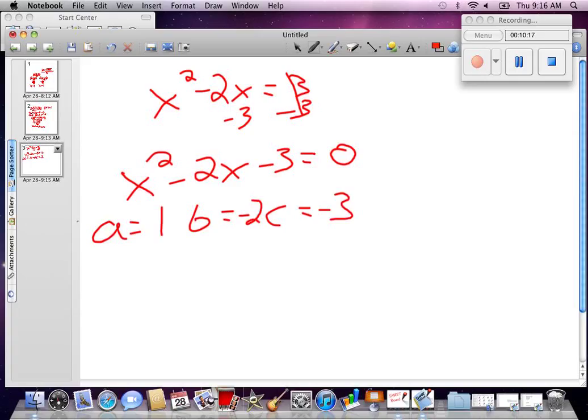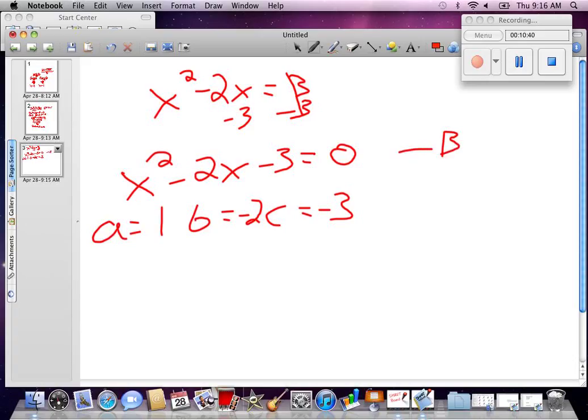Haley, can you tell me what I do next? It's in standard form. That was step number 1. Step number 2 was label it. So what is step number 3? What is that equation?